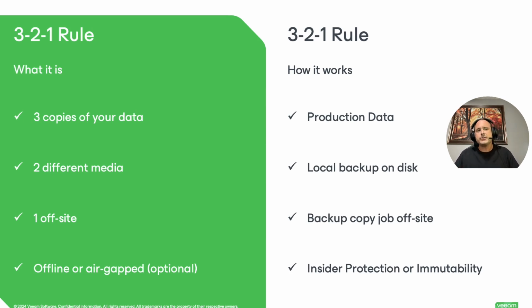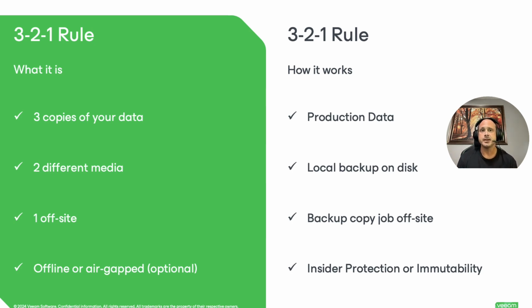So what are those 3 copies of your data? Well, the first one is the production data, whether that's your VMs on VMware or Hyper-V, or your physical machines using the Veeam agents. That's your first copy, the actual data itself. The second copy is your first backup, which is a local backup on a local disk in most cases.